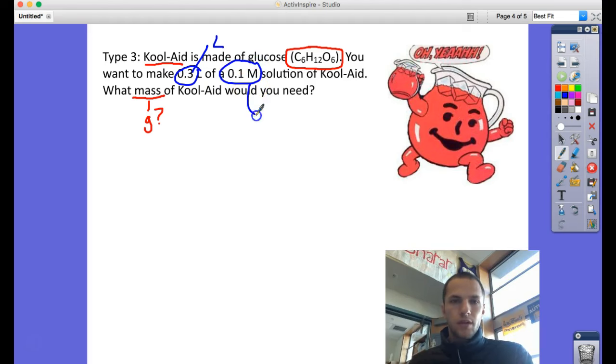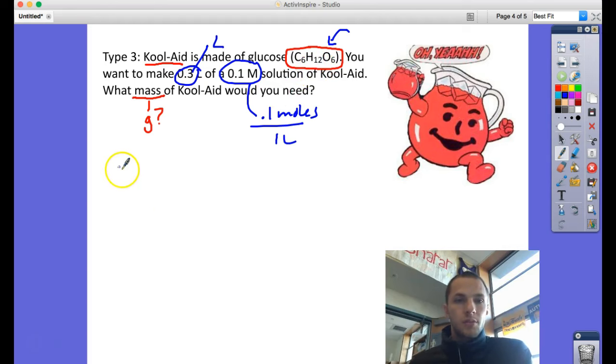Okay, so I need to rewrite this. That's 0.1 moles per 1 liter. So I'm trying to get to mass. Now in the past, I figured out the number of moles first. If I stop and think and I get the number of moles, I can then convert that to grams using the molar mass.